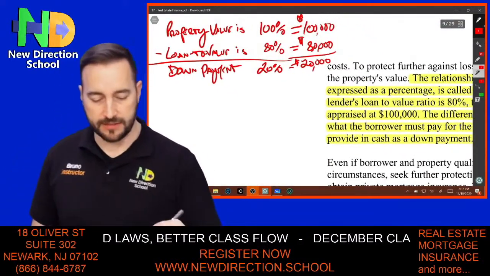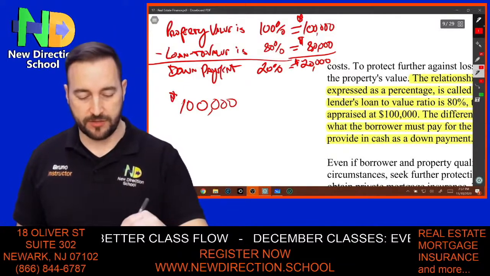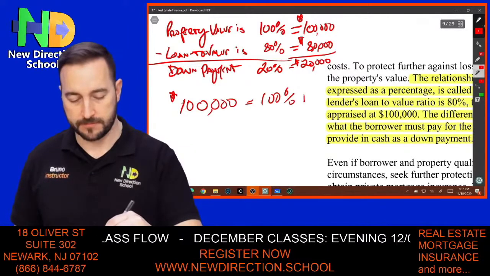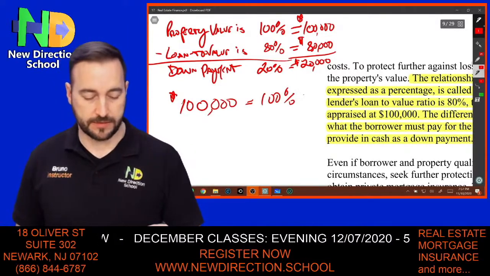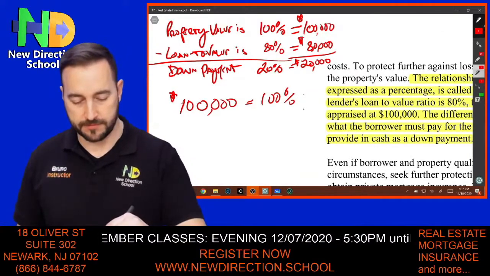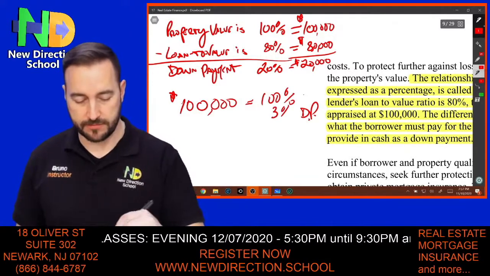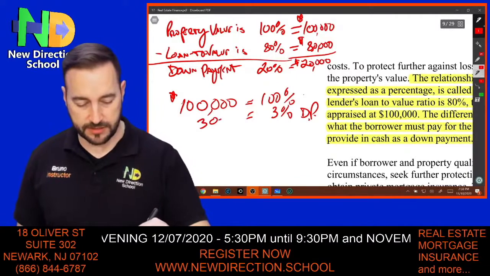If they said $100,000 is the property value, or 100%, right? The down payment is 3%. In $100,000, that means $3,000 is the down payment.